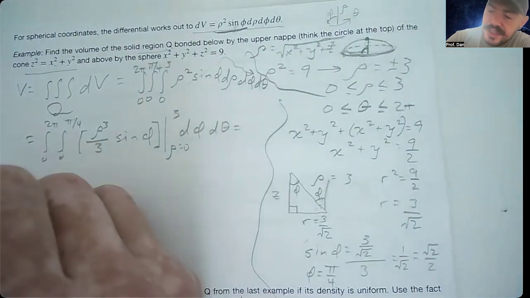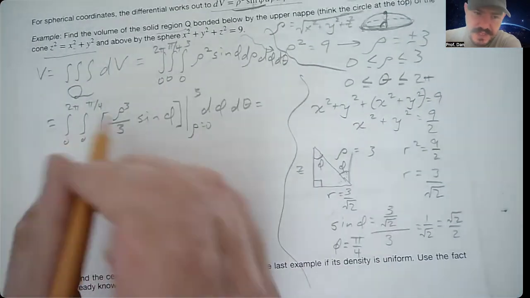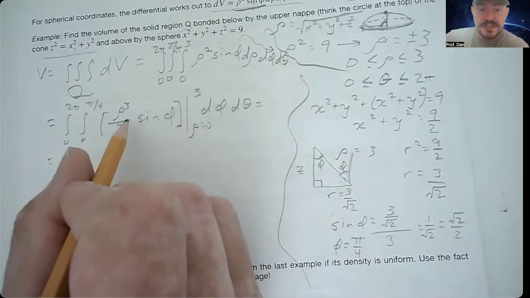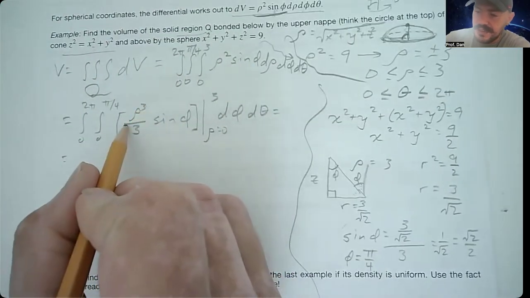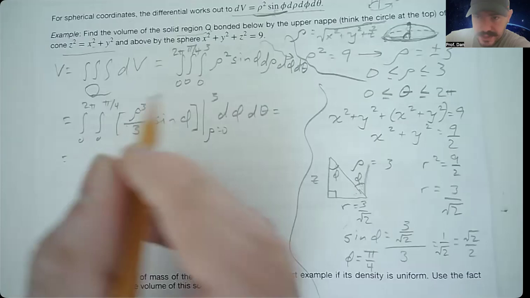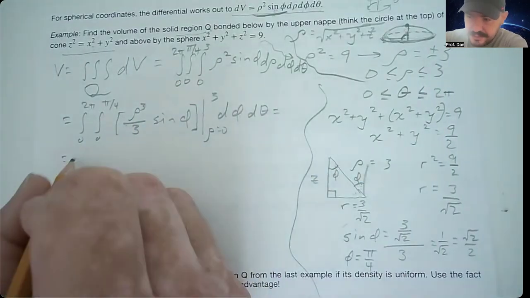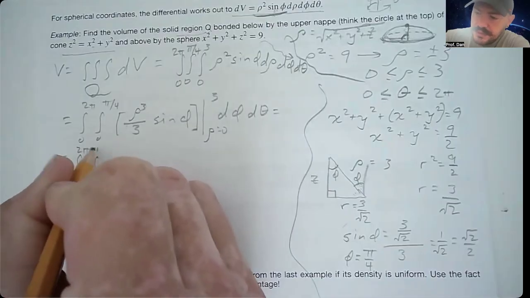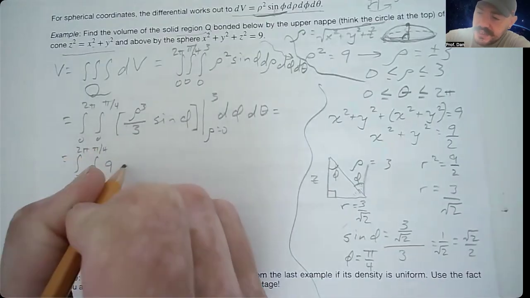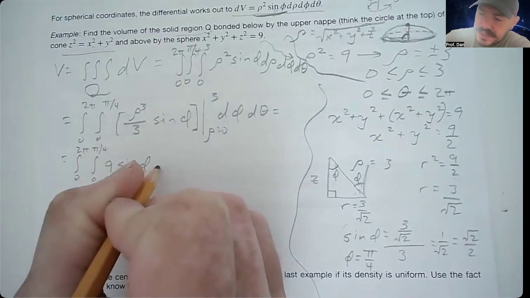Once I do that, I can evaluate at the endpoints, and I would get 9 sine of phi, because 3 cubed divided by 3 is 3 squared, also known as 9. So we get integral from 0 to 2 pi, integral from 0 to pi over 4 of 9 sine of phi d phi d theta.